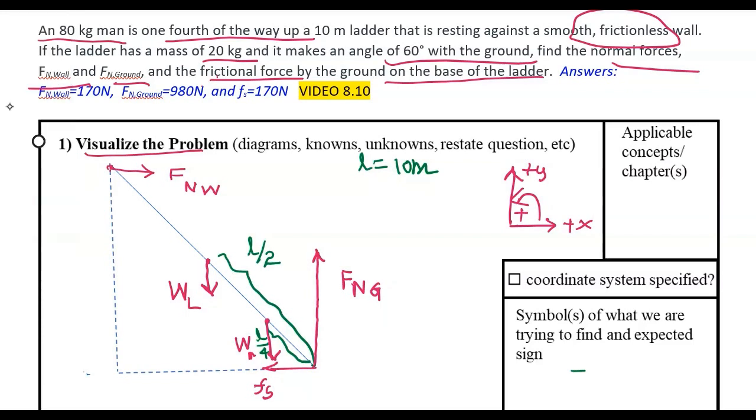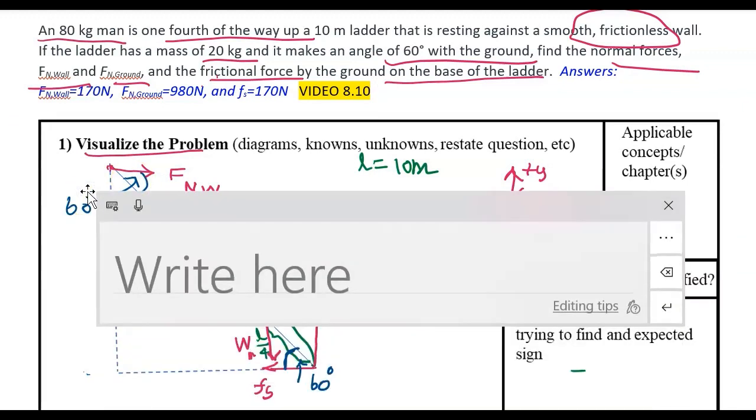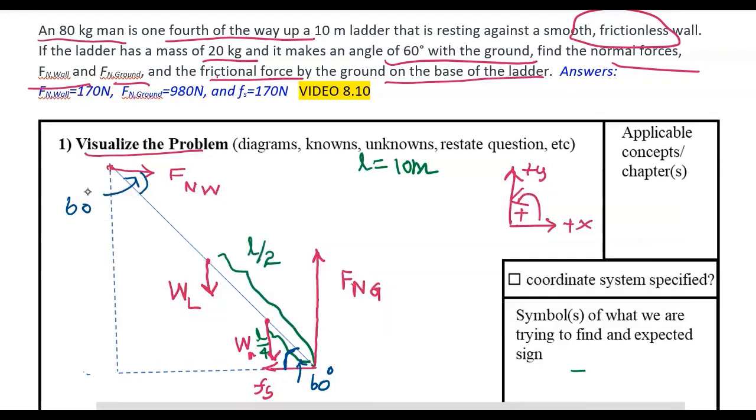Now let's try to figure out the angles. As stated in the question, the ladder makes an angle of 60 degrees with the ground, and if that is 60 degrees, this angle should also be equal to 60. These are alternate interior angles. When you have two parallel lines, the alternate interior angles should be equal to each other.